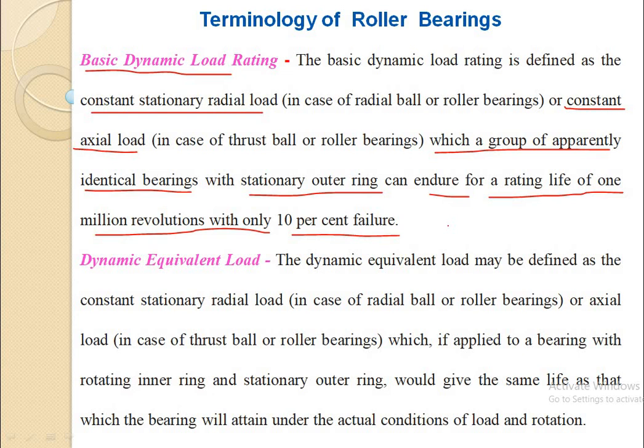With reference to that load, we are calculating this rating. That's why it is known as the dynamic load rating.